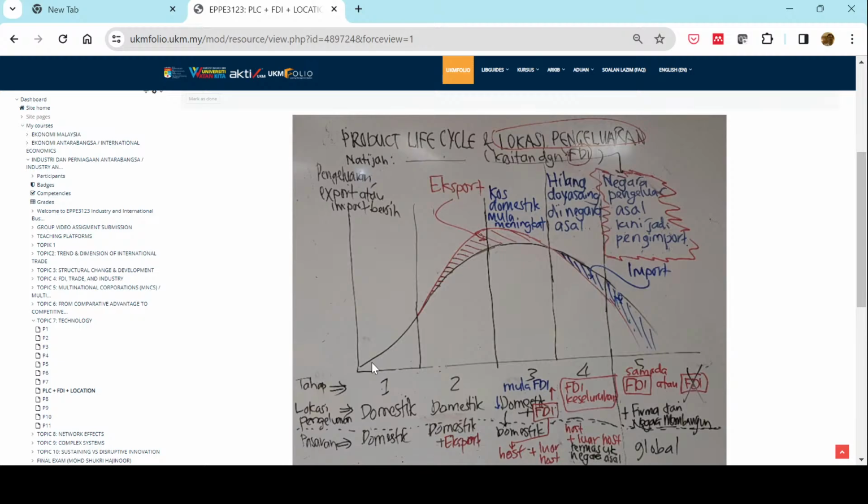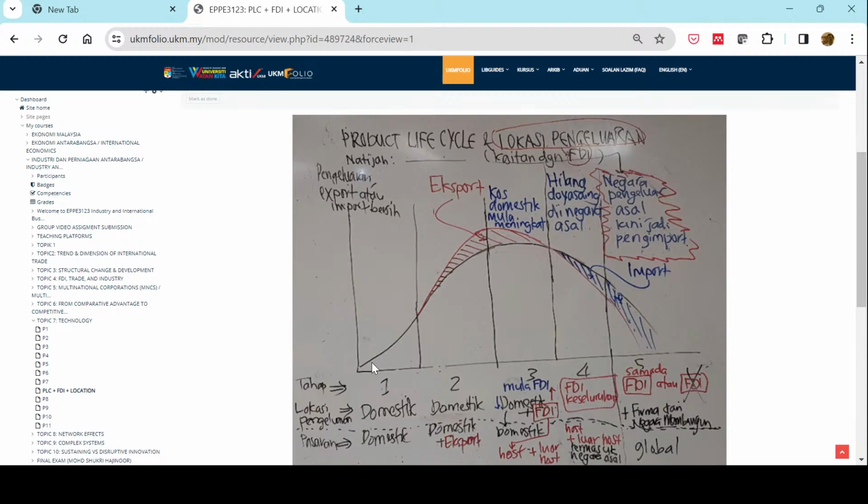Stage 3, FDI, foreign direct investment, began. Because the cost of producing the product is getting higher and higher in the country, it is cheaper to produce overseas through FDI. So the location of production now has 2 locations: domestic in the country, United States, and also overseas through foreign direct investment.